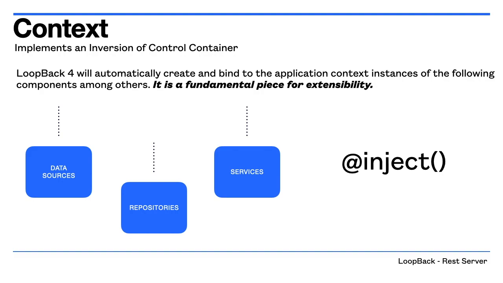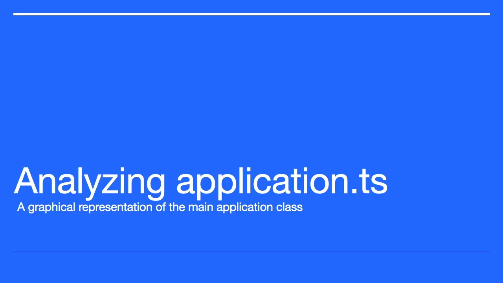So every time we inject a service, repository, or an observer, or anything else that can be created by its booter, it is going to be available here. Interceptors, I mean. Okay, so we have the context. Remember: context, IoC container, injection, repository, services. This is really important in the next few slides.